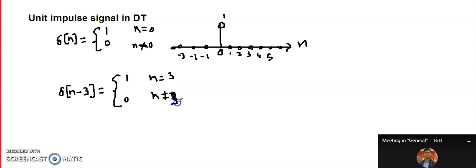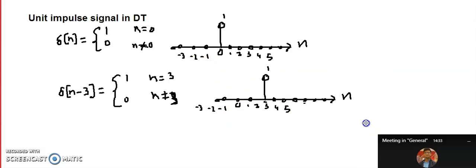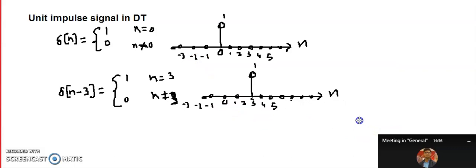So the shifted version will be like this. 3 will come here, so it means it will get shifted to 3.